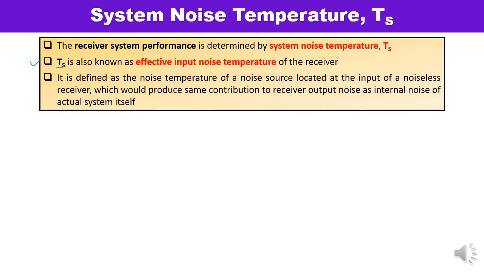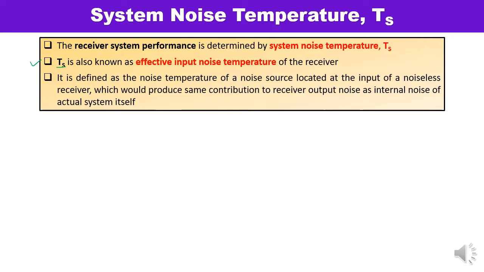It is denoted by TS. When you derive the expression for the effective input noise temperature, it is actually the noise temperature of the noise sources which are located at the input of a noiseless receiver, and which contribute to the receiver output noise.